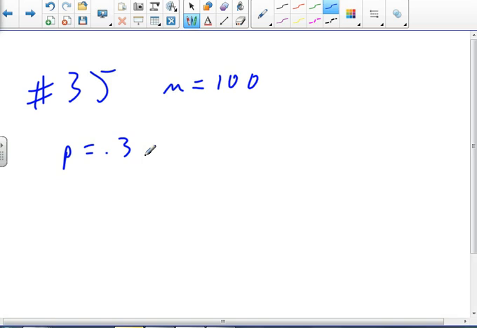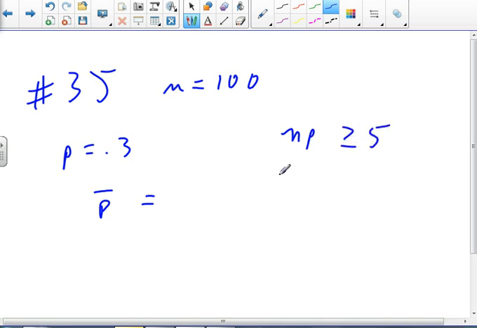Okay, so on page 291, we see that p bar can be approximated by the normal distribution when np is greater than or equal to 5.